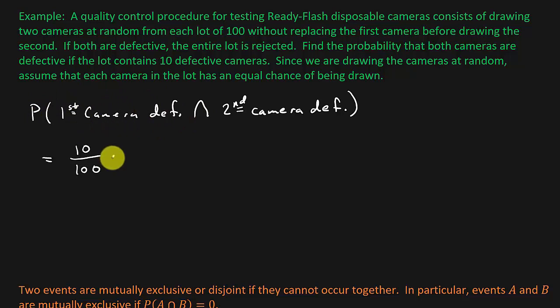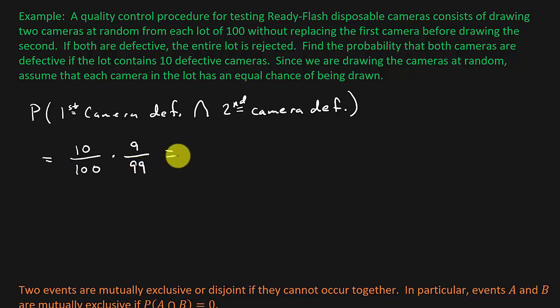And so times the probability the second camera is defective. So what's the probability that I get a defective camera on the second draw? Well, there's 9 defective cameras in there now because the first draw was a defective camera. So 1 defective camera's out of the lot. And now how many total cameras are in the lot? Well, there's 99 because we didn't put that defective camera back.